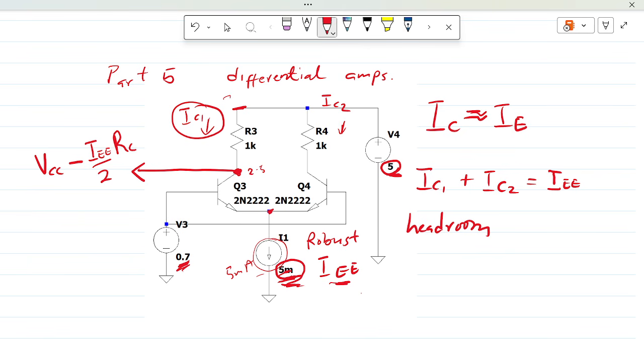Then I know I'm going to get 2.5 milliamperes and 2.5 milliamperes here, regardless of the base emitter voltage that I have. And that means that when there's no signal coming in, the voltage at the output will rest in the middle of the available voltage. So the swing will have enough room both up and down. If you are not familiar with headroom, you have to go back and review the video on voltage headroom.